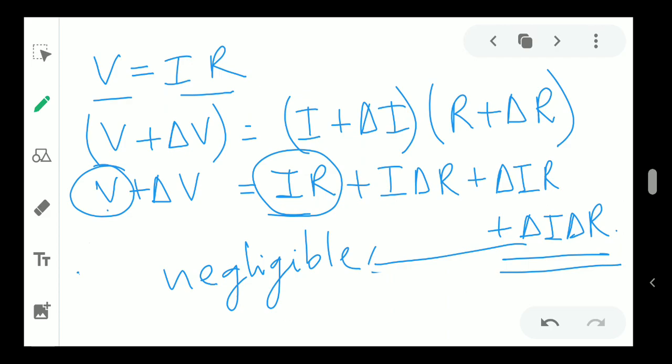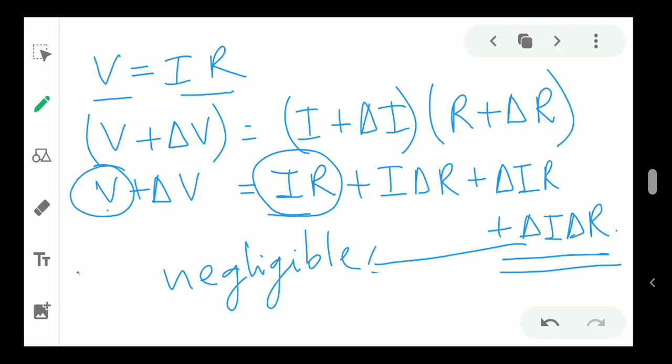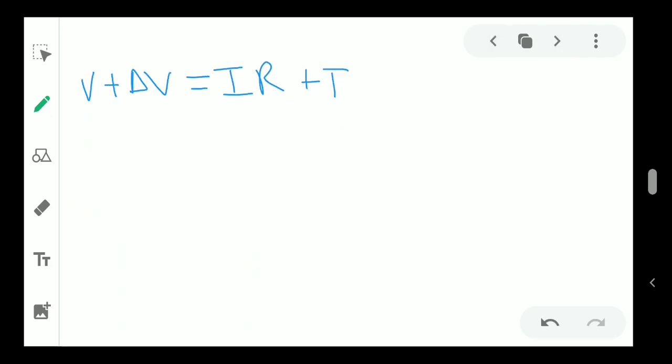Now what we get finally is V plus delta V equal to IR plus I delta R plus delta I R. That's it, and that part is neglected.